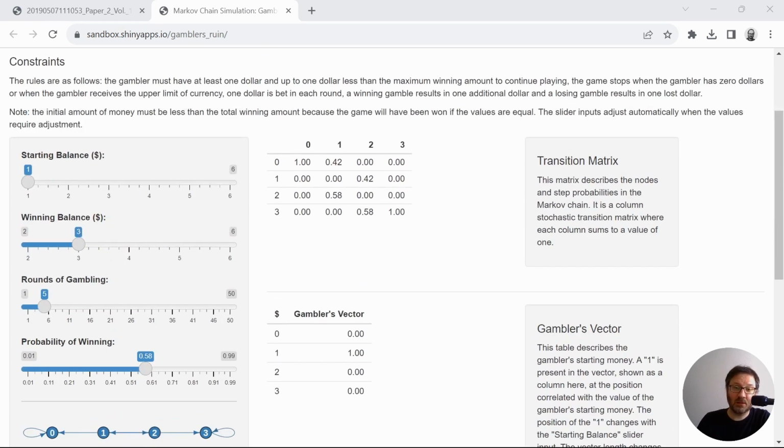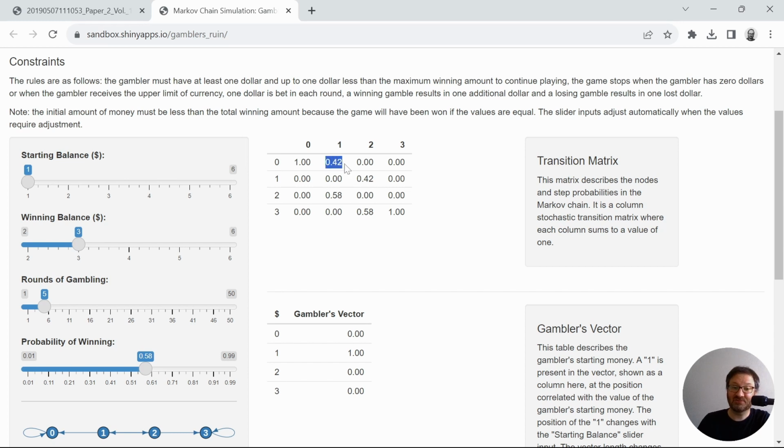In the middle column, we have several matrices, and the first one is the transition matrix, which describes all of those changes. So in this particular case, 0 loops to itself. We can see that in the diagram. So that has a probability of 1, and that column of values sums to 1. 1 can go to 0 or 2, and so the probability of winning here is 0.58, which we have set.